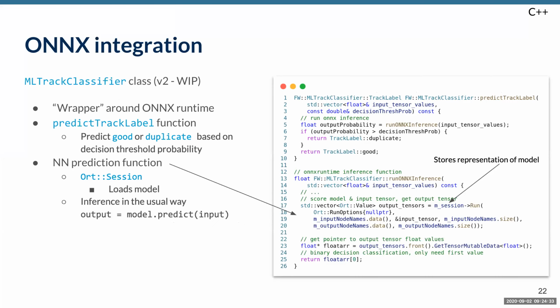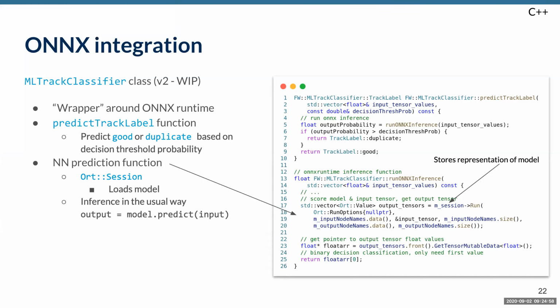So the ONNX integration is currently a work in progress, and we hope to have this done soon. In this particular implementation, the version 2.1, we're trying to rewrite the ML track classifier class as a wrapper around this ONNX runtime functionality. Again, because the runtime already handles all of the linear algebra behind the scenes, that's something that we don't have to worry about.